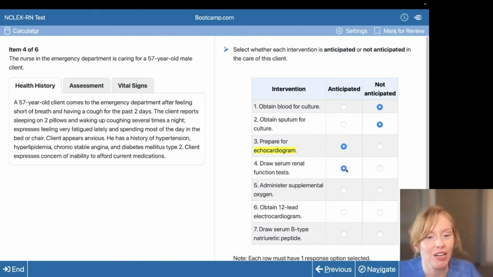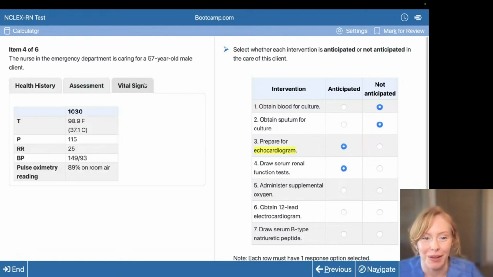So yes, we do need to look at his renal function to figure out if there's kidney damage and if we can safely give some meds to treat the fluid overload. Then administering supplemental oxygen, I am going to go ahead and answer yes for this one because I think you guys know that somebody who's got a pulse ox of 89%, unless they have COPD, needs oxygen. So yes, this is anticipated.